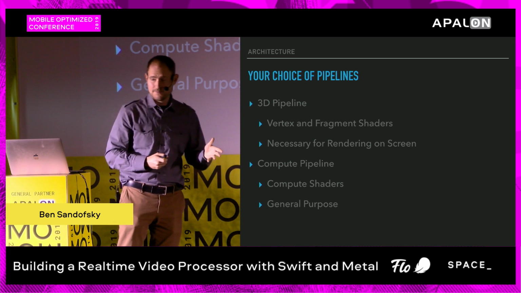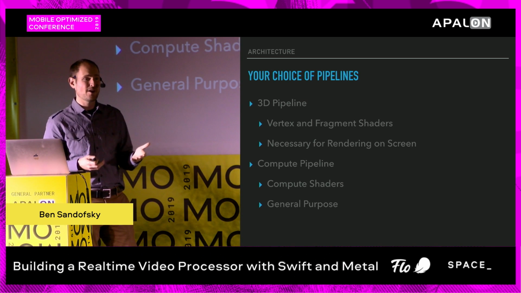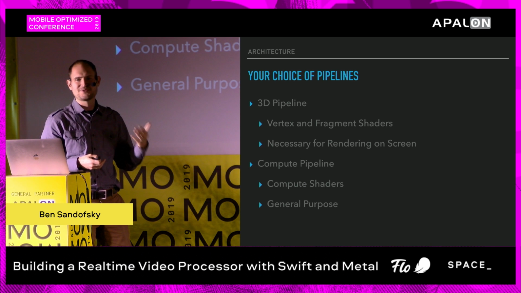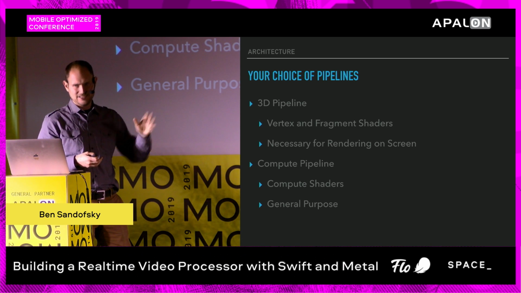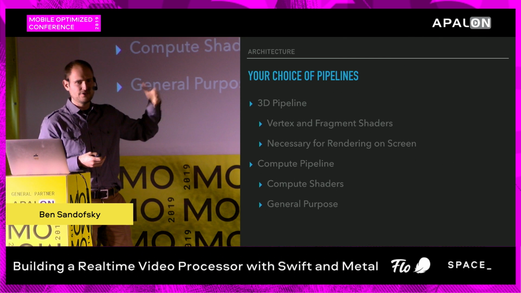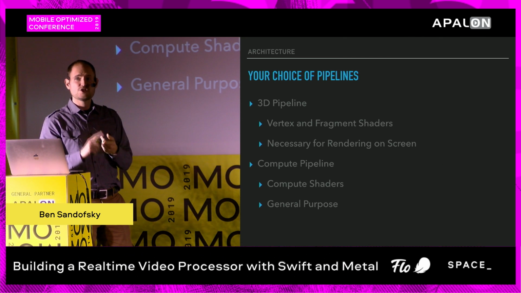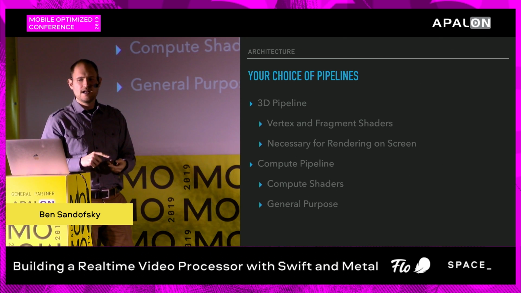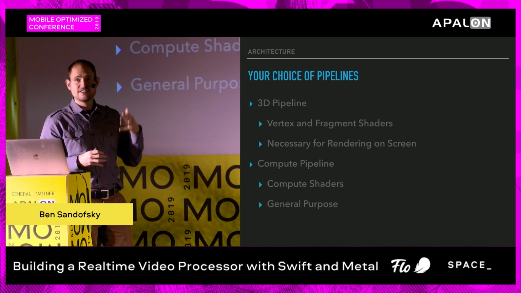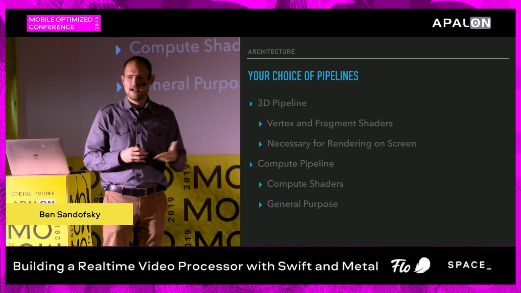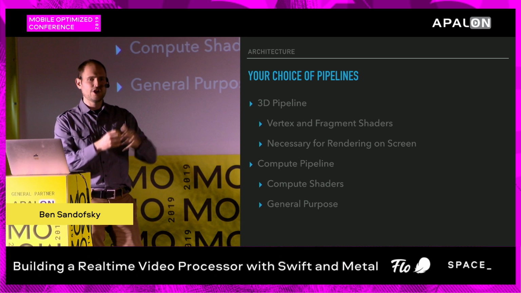So that said, you're going to be actually using the same hardware that was originally designed to build 3D games. And as such, I'm going to use that as an example to show you some of its power. But there are really two tools at your disposal that leverage the GPU. The first is the 3D rendering pipeline, which makes it easy to render 3D geometry.